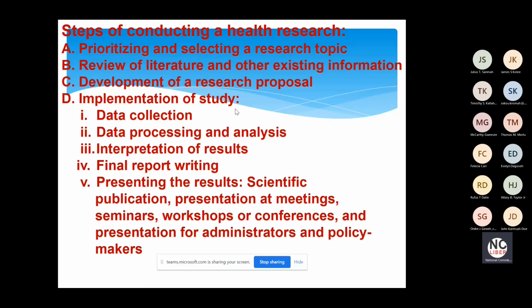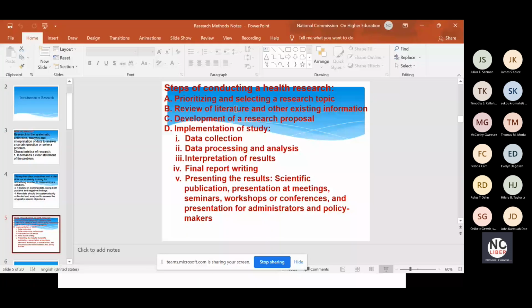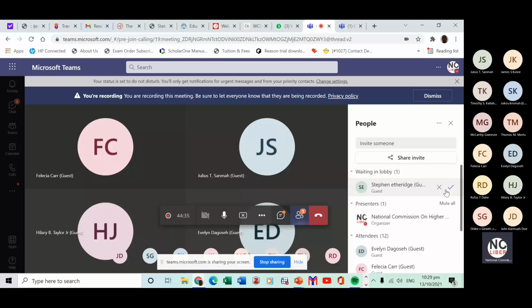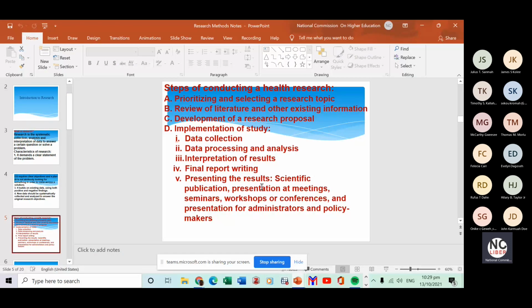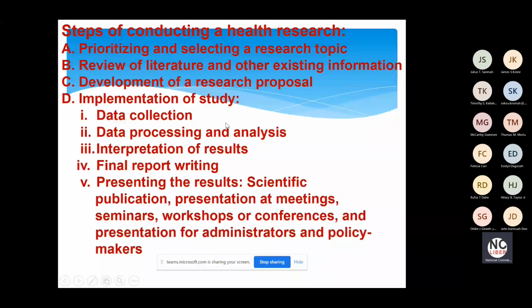After your data collection, which you could do using either an online form or a paper-based form, depending on what is required, you will be able to collect the information. After that, you process it. You process the information and then you do the analysis.